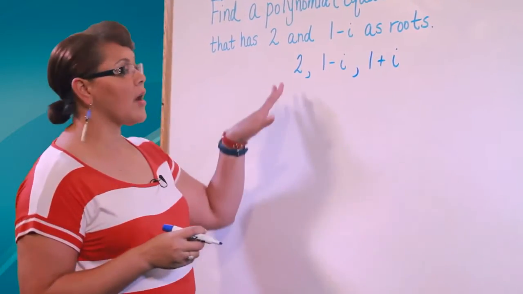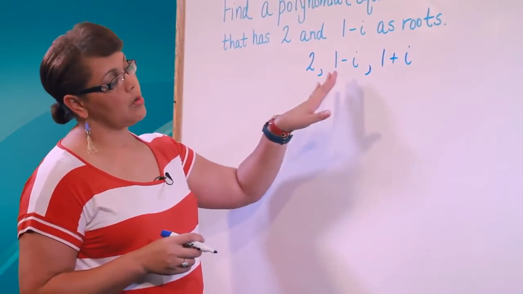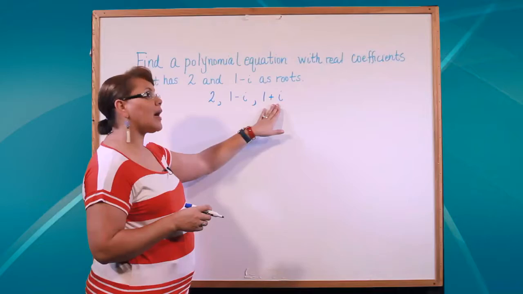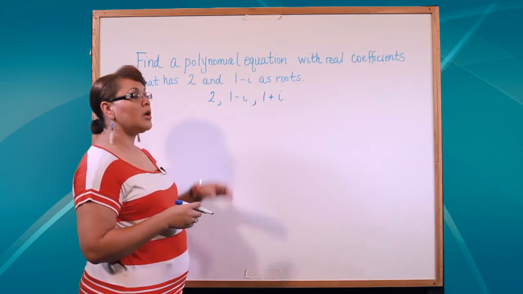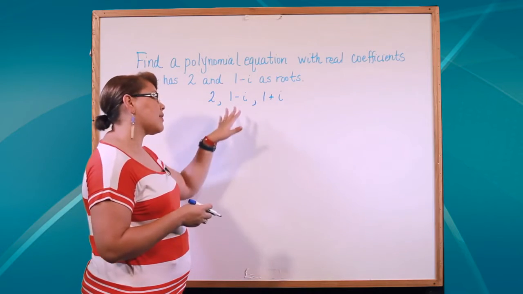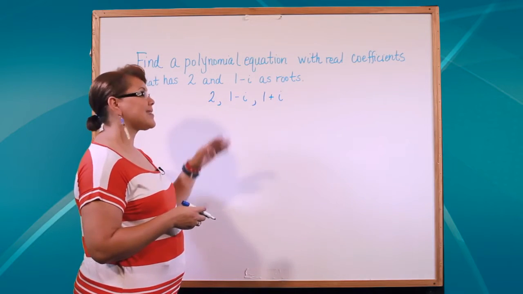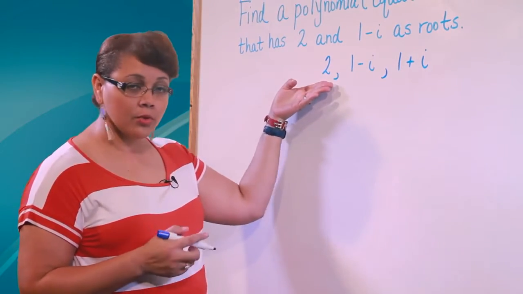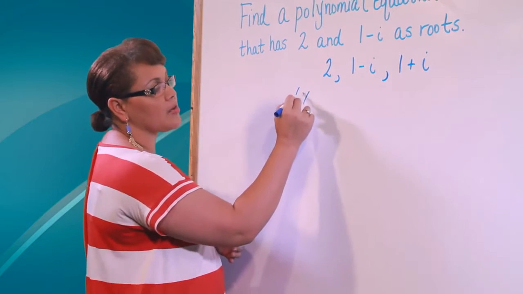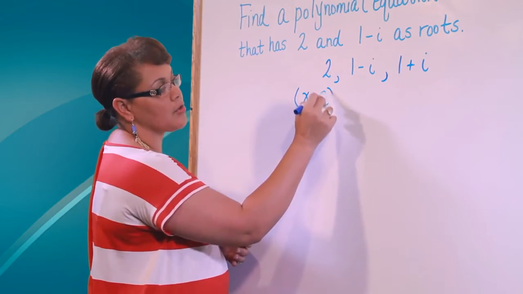So because there now are 3 roots, 2, 1 minus i, and 1 plus i, I know that I can build the polynomial equation with the 3 factors that these 3 roots came from set equal to 0. So if I have a positive 2 as a root, I know that it came from the factor x minus 2.